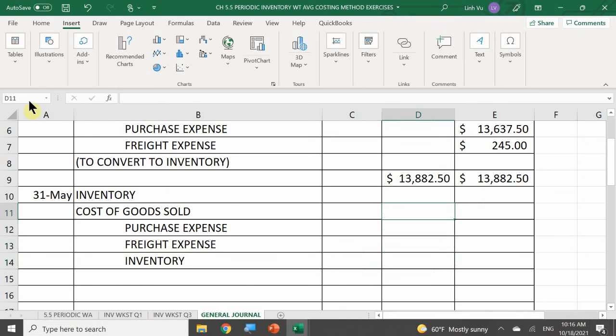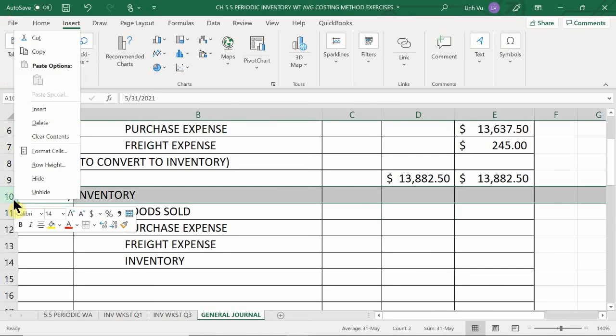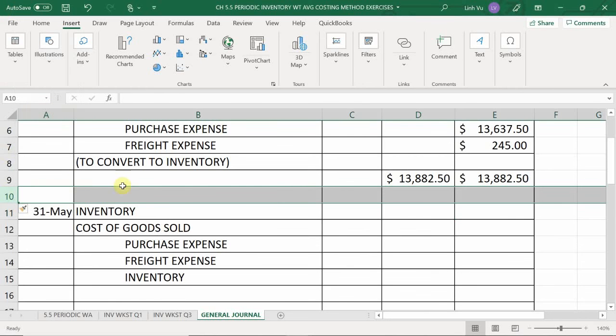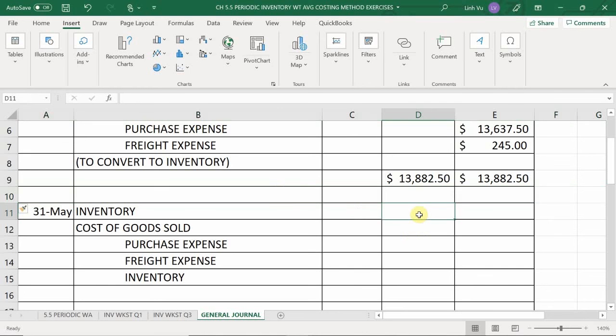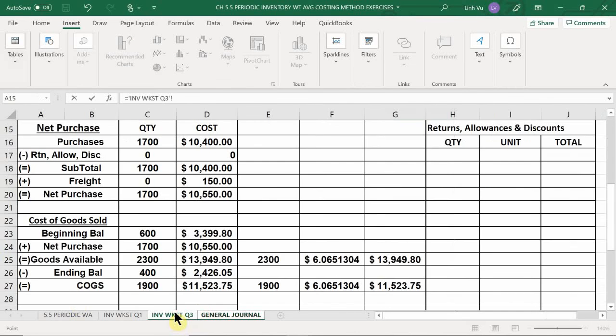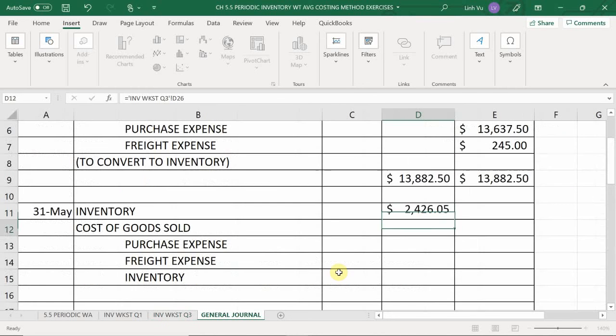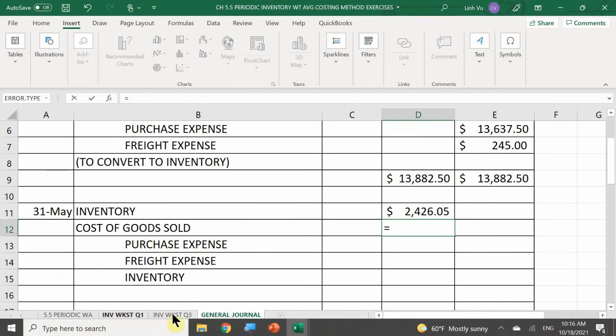So let's go ahead and solve for these numbers here. So what was my ending inventory balance? 2,426 and 5. Okay. What was my total cost of goods sold?